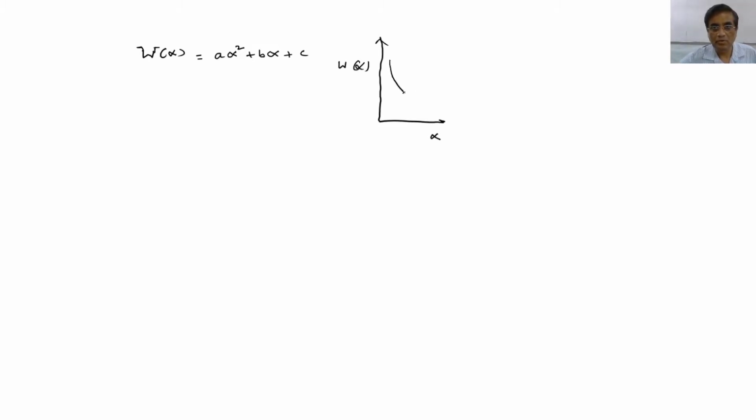So the nature of the function will be like this, and we can run the gradient descent algorithm so that I can reach the minimum. If I need to maximize this, of course, it is the other way around. Okay, so this is W, and now we'll be having a function like this.